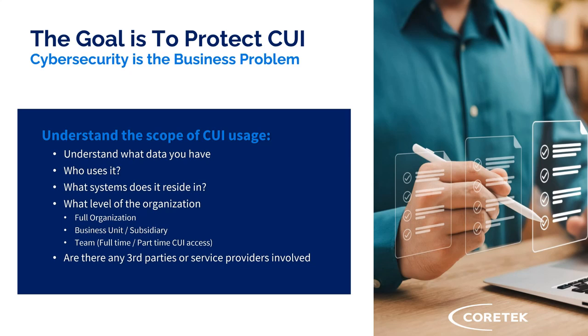Now, the next piece that I often see, and this is where it gets kind of interesting, is I'll see a commercial entity that maybe has a business unit or a wholly owned subsidiary that is doing federal contracts or is part of the defense industrial base. In that case, it doesn't make sense to apply CMMC and GovCloud standards to the entire organization.